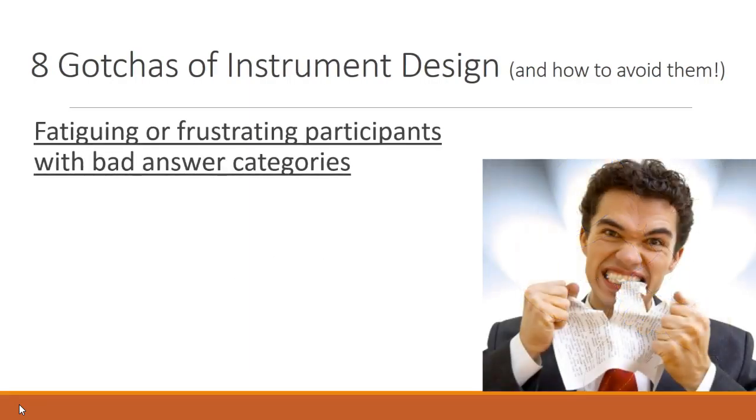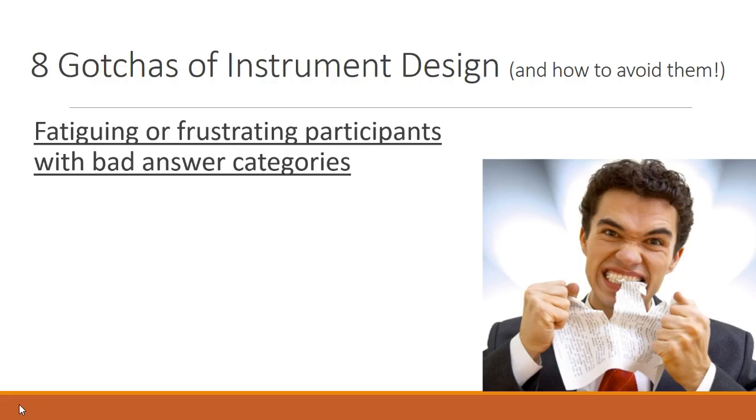One more gotcha. Fatiguing or frustrating participants with bad answer categories. People get very frustrated if you ask them a question that doesn't have an answer in the selection of answers that are provided, for example, in a multiple choice survey.